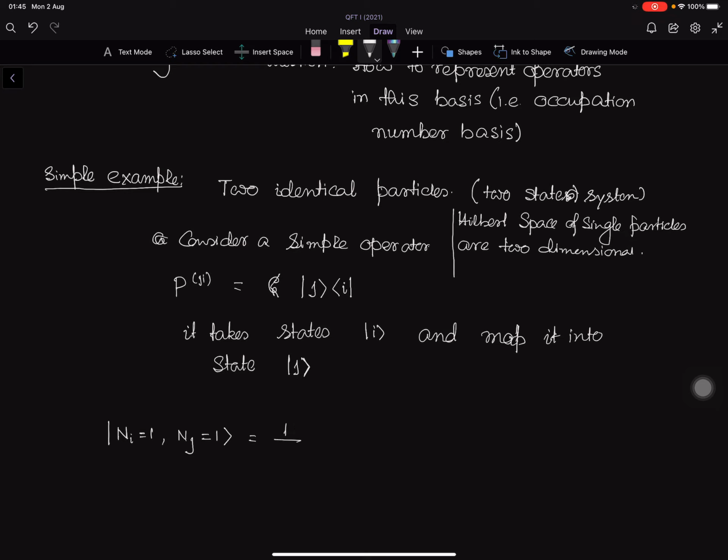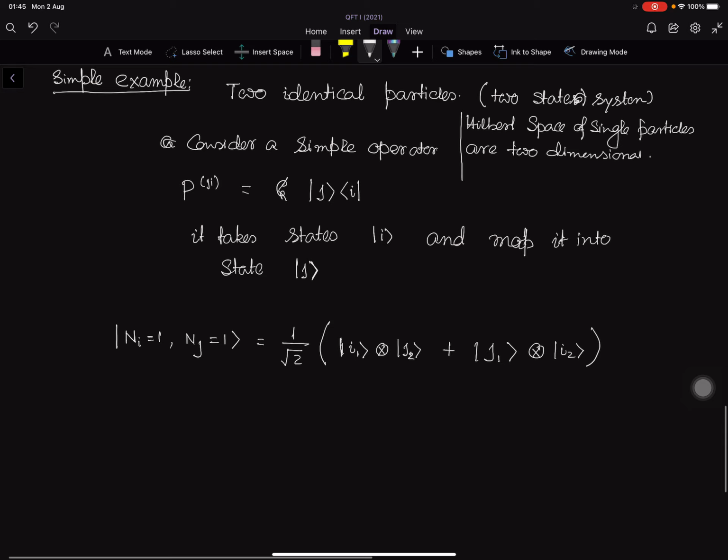In this case, the state in terms of the product representation is this thing, just the two permutations, and let's also discuss the case Ni equal to 0, Nj equal to 2. In this case, this is just j1 and j2.